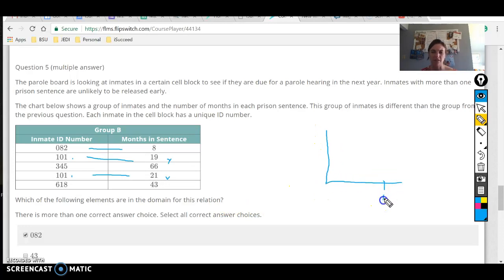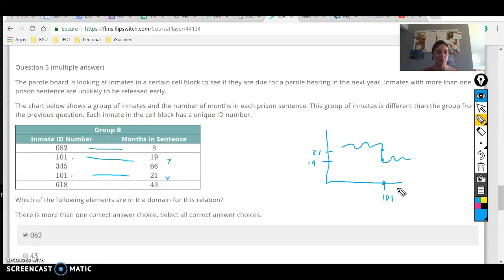And what that would look like on a graph, if I have 19 and 21, I would have a point here and a point here, and it would make my function go like this. And my function then would not pass a vertical line test because it has two y values for this one value of x.